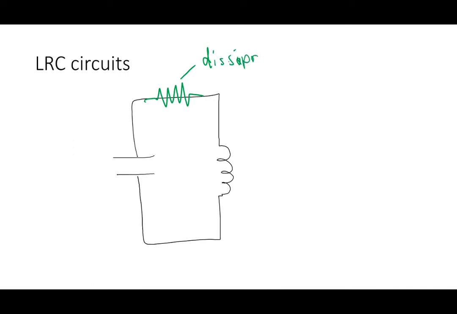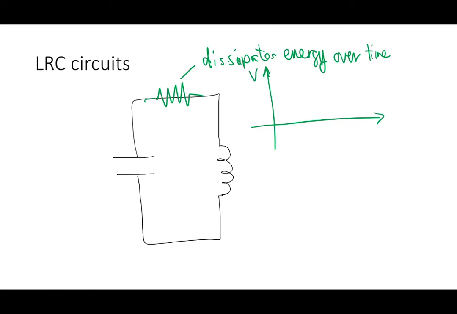So if you have gone through your 1125 course, you might remember this thing called damped harmonic motion. This is exactly what's happening. It's just like a little bit of friction in the system. So your V over time oscillates, but then it decays over time exponentially. And then it slowly goes to nothing. Drains it all away.